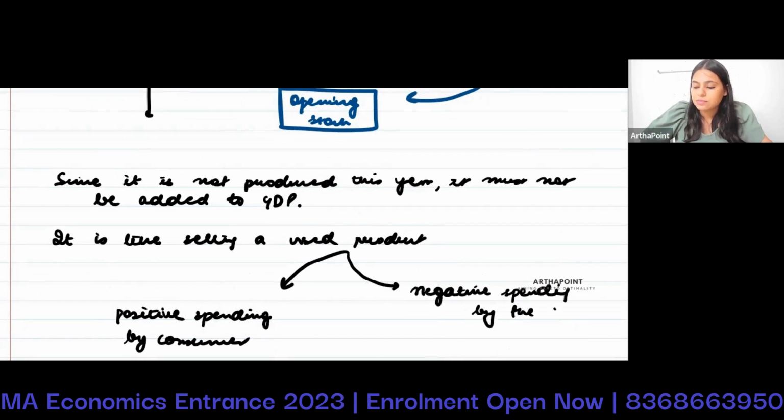So if the firm sells out of inventory, you do not add it to this year's GDP.